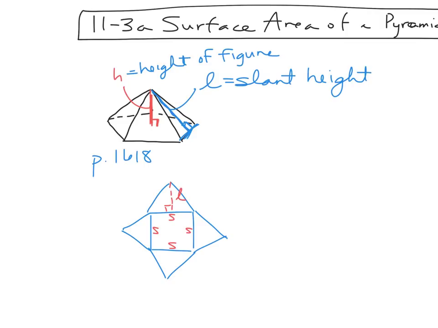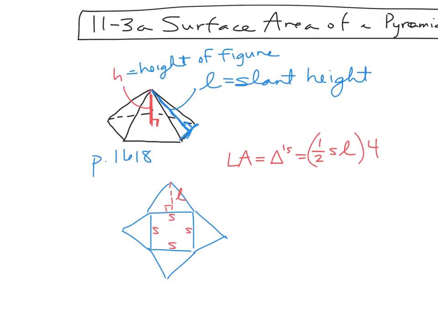So if you think about it, this figure, our lateral area, is really 4 triangles. So how do you find the area of a triangle? 1/2 times base times height. So in this triangle, it's 1/2 times the length of a side, S, times the slant height, right? But there are 4 of those.